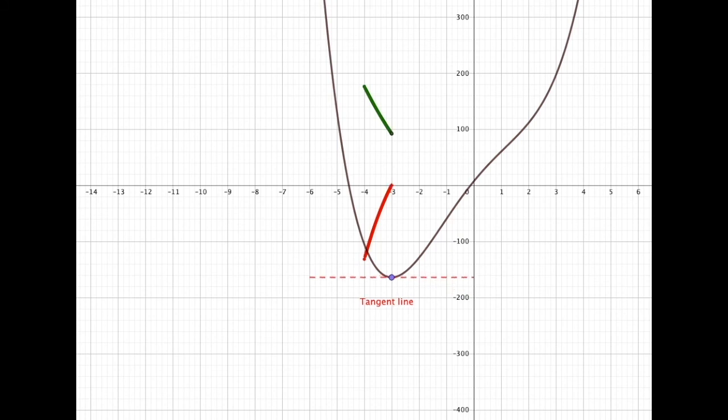And when we get to 0, it's still in the process of increasing. Now, this is the second derivative, the green line, and that's showing that it's not increasing as quickly. You can see that with this slope gradually curving downwards.